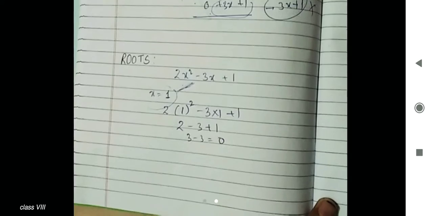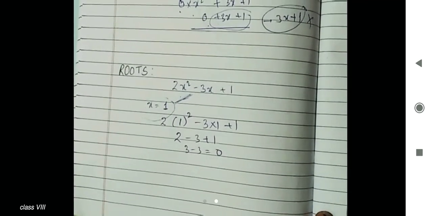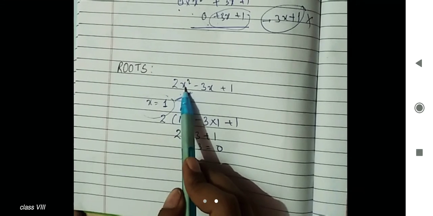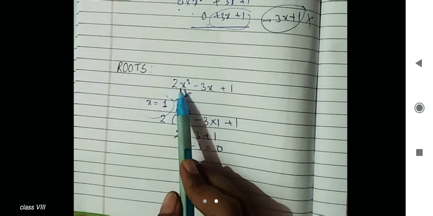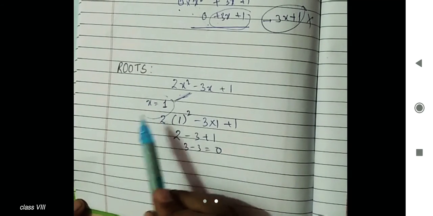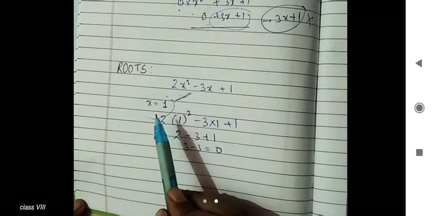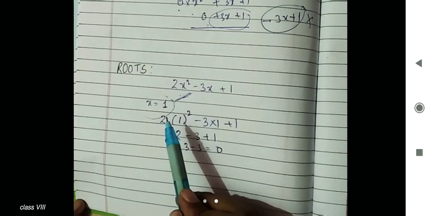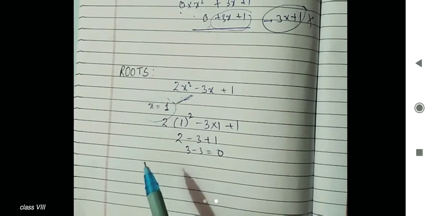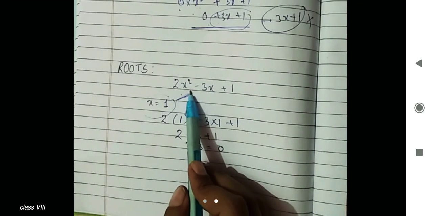A quadratic equation will not have more than two roots, because its highest degree is 2. If its highest degree were 3, then the maximum number of solutions would be 3. So the highest degree, or highest power, of the equation tells you how many possible solutions there are. So here only two solutions can be there.